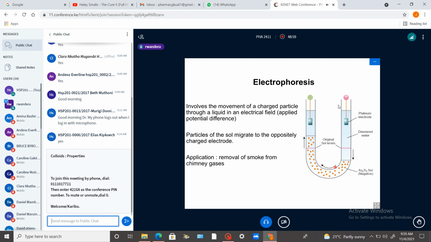So this movement is what we call electrophoresis. Depending on the charge on your colloidal particles, they tend to move towards the oppositely charged electrode. And we can use this phenomenon in the removal of smoke from chimney gases. Remember, smoke is a colloidal dispersion. So electrophoresis can be applied to remove smoke from chimney gases.